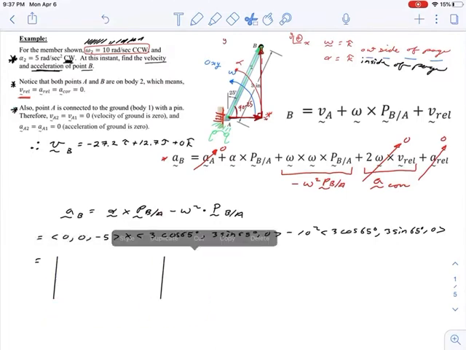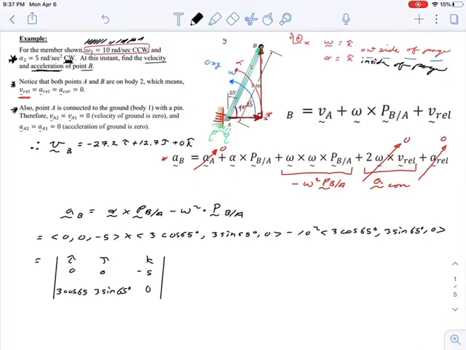So let's do that determinant right here: i, j, and k; 0, 0, negative 5; 3 cosine 65, 3 sine 65, and 0; minus 300, or plus negative 300 cosine 65, minus 300 sine 65, and 0.